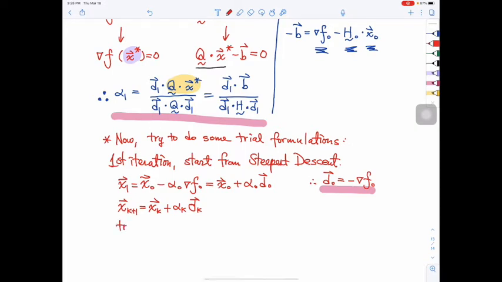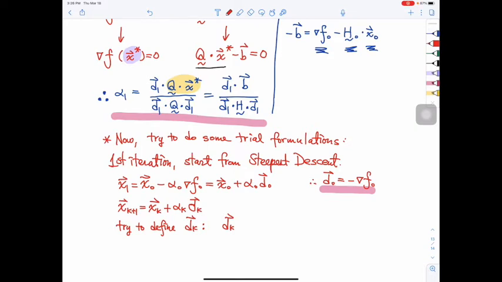Let's try to define dk. Because we really don't know dk, even though we wish every d is Q orthogonal. But remember, Q is our Hessian.